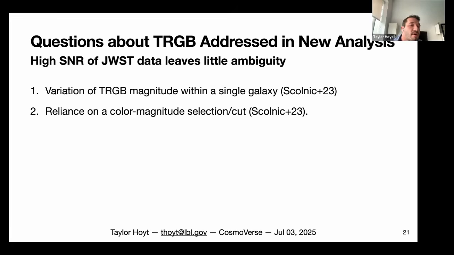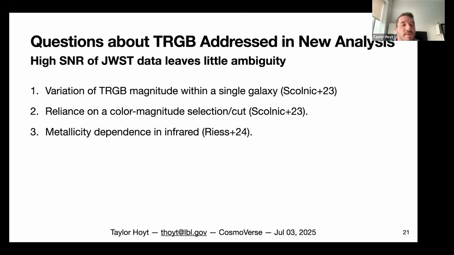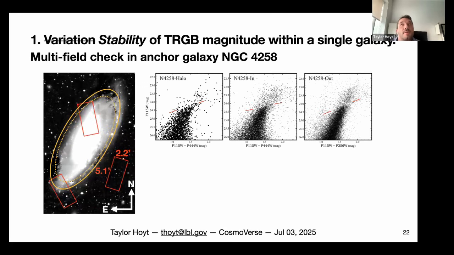Another is the reliance on a kind of author-chosen selection of the red giant branch on that luminosity temperature diagram I've shown. And finally, there's the metallicity dependence in the infrared, which I just briefly alluded to. So I'll get into how we addressed these in the James Webb Space Telescope analysis.